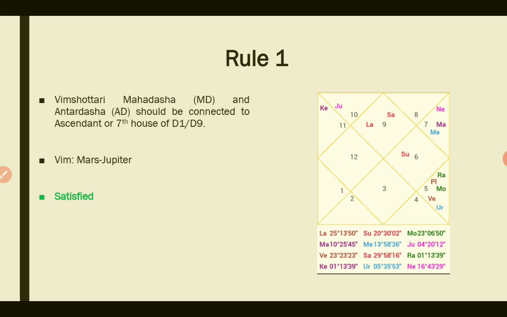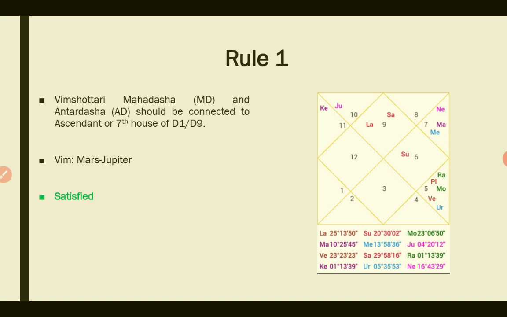Here we see that it is a Sagittarius ascendant. So the Lagna Lord is Jupiter, and the 7th Lord, that is Gemini, is Mercury. Let us look at Mars. Mars is situated in the 11th house with Mercury.